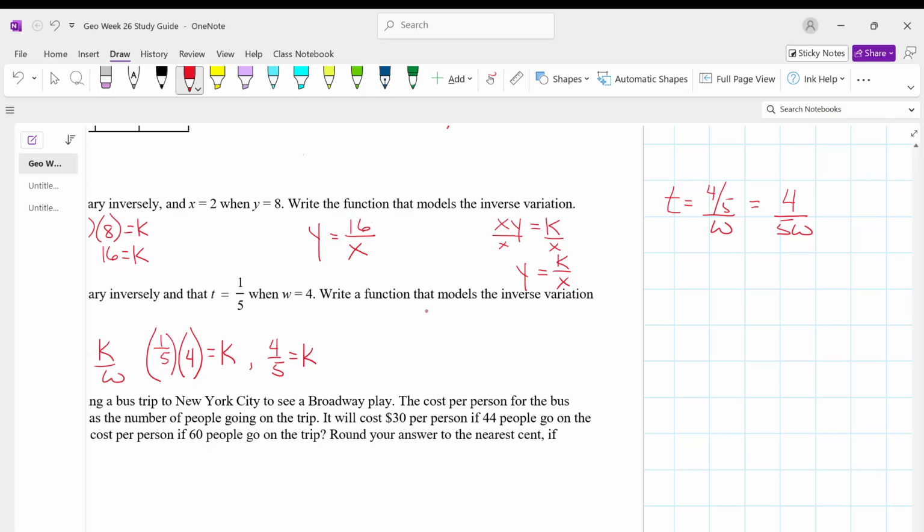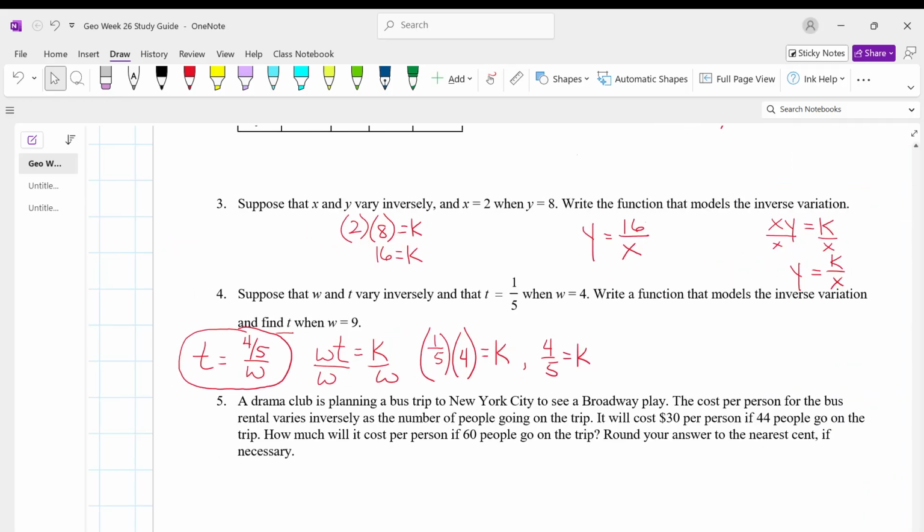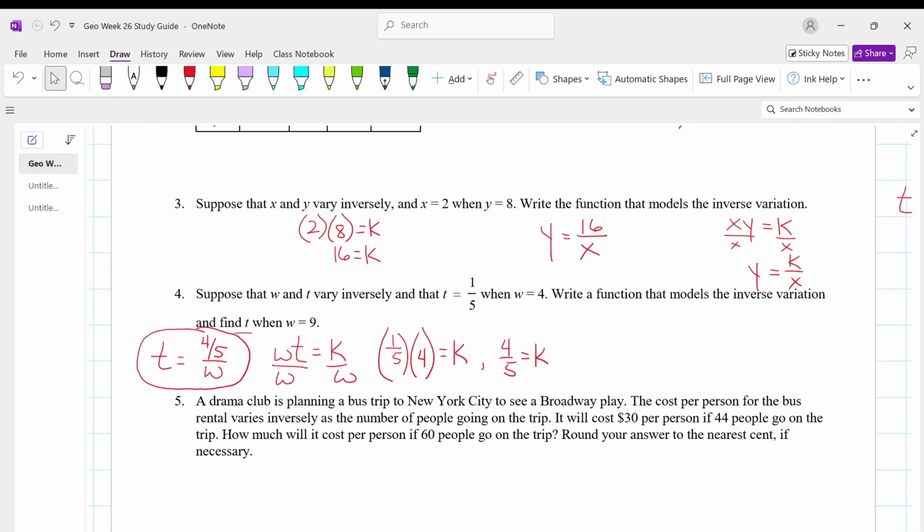So the function that models this relationship is T is equal to 4 over 5W. And then they're asking you to evaluate it when W equals 9.